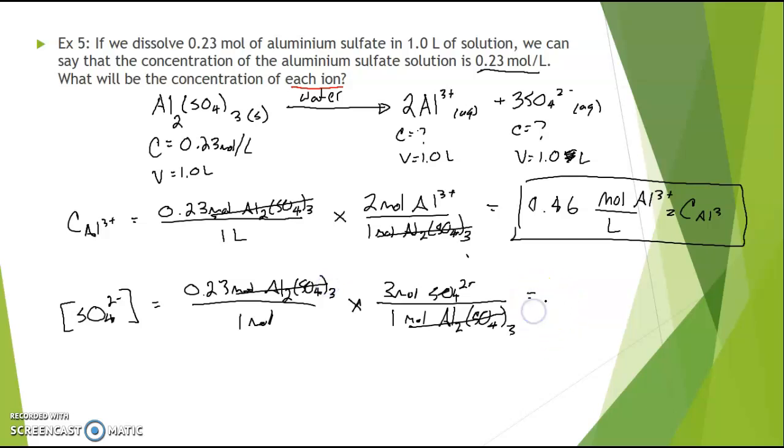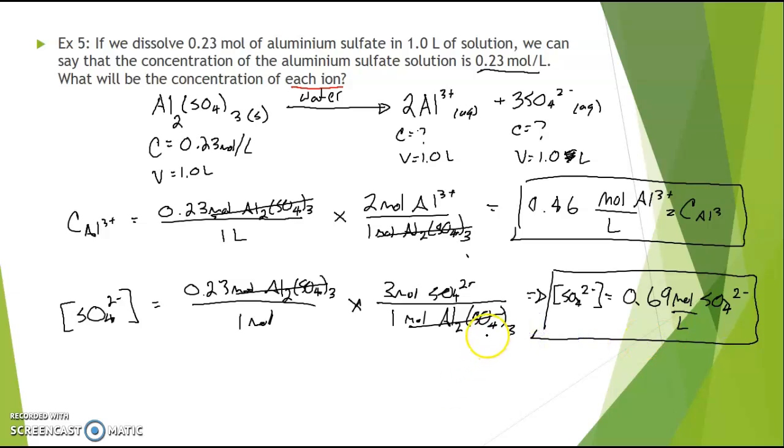And again, we are left now with our concentration of sulfate ions, those square brackets. And 0.23 divided by 1 times 3, we get 0.69 moles per liter of sulfate ions. There's our concentration of our sulfate ions.